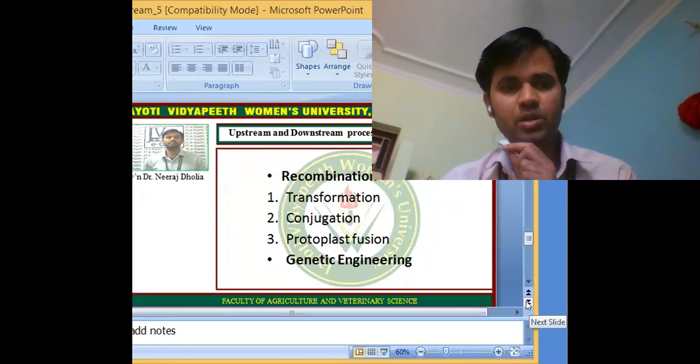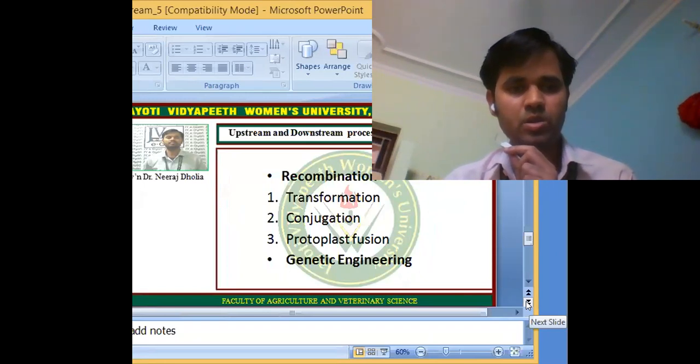So another method of strain improvement is recombination. There are various methods under the recombination process: transformation, conjugation, and protoplast fusion.